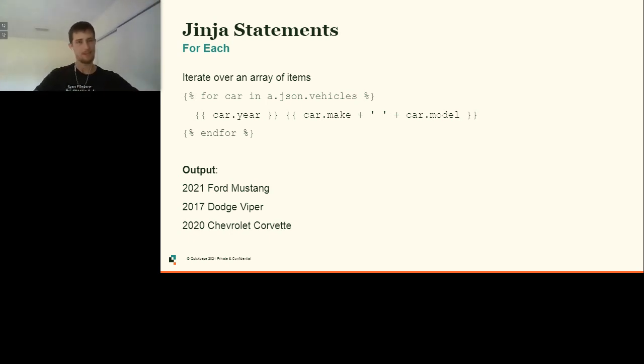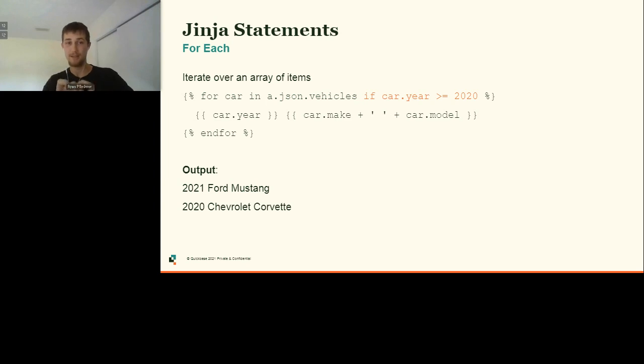To take it a step further, within a for loop we can actually tag in an if statement. It's the exact same expression, but in the first line we've added if car.year is greater than or equal to 2020.